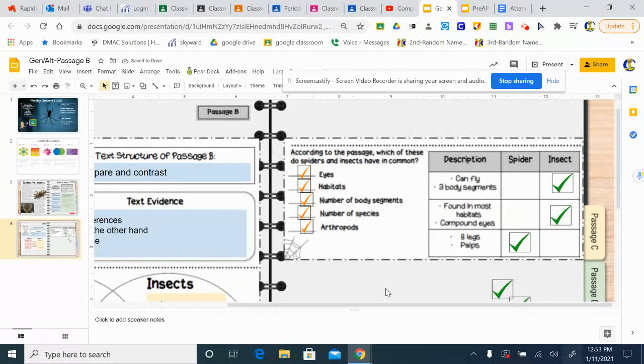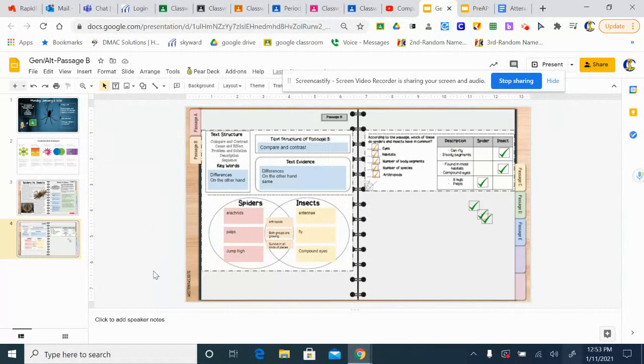Okay, again, I'm going to leave it there for a little bit. So in case you need to pause the video at this time, you may pause the video so that you can make sure all your check marks are in place. Okay, so now once you're done, this is what your passage should look like.